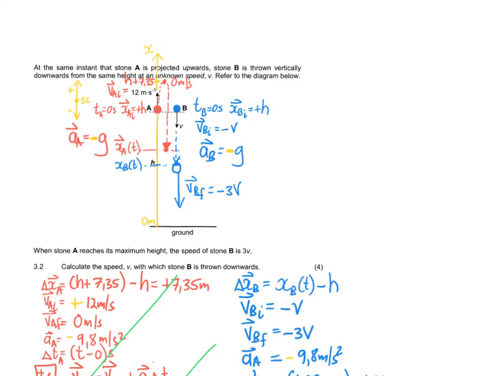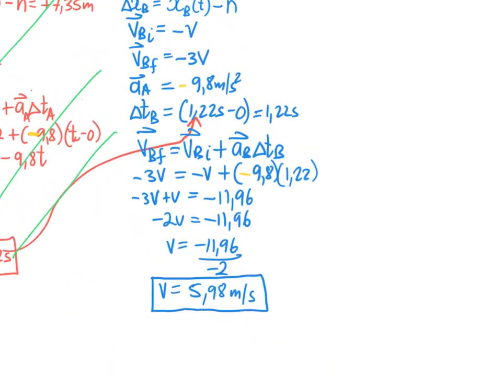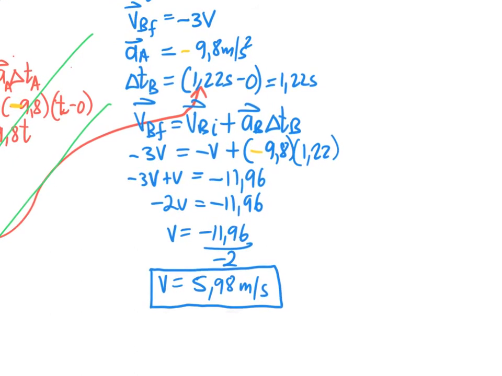So now, using VB final equals VB initial plus AB delta t: minus 3v equals minus v plus minus 9,8 times 1,22. Take the minus v across to the left-hand side, becomes plus v. Minus 9,8 times 1,22 is minus 11,96. Minus 3v plus v is minus 2v. Now we divide by minus 2 on both sides. Minus 11,96 divided by minus 2 is 5,98 meters per second.